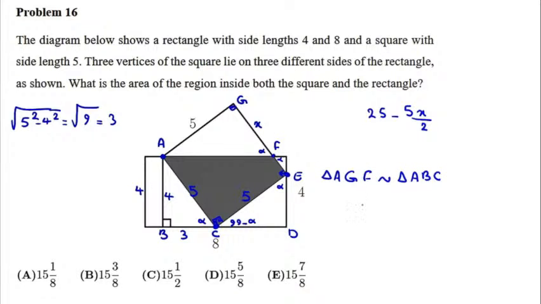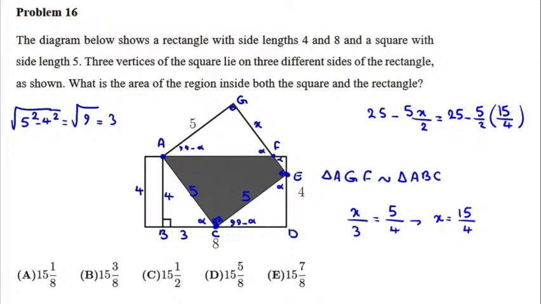So I want to find x. x is opposite of 90 minus alpha. So here, 90 minus alpha is 3, equal to 5, where 5 is opposite to alpha, over 4. So x will be 15 over 4. Now this part will be 25 minus 5 over 2 times x, which is 15 over 4.